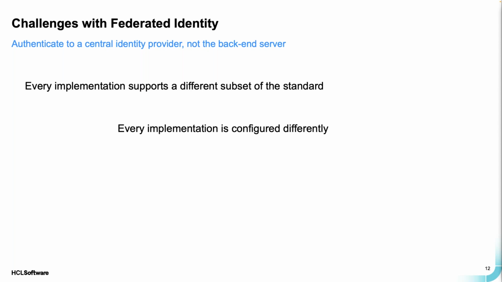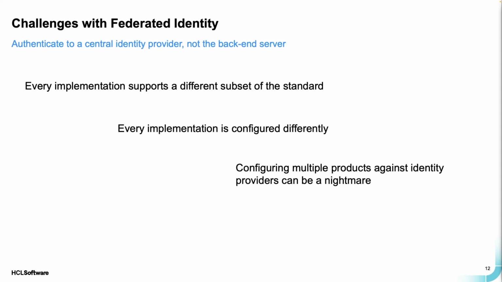But in the best case where all of this works and you can configure federated identity, each implementation supports a different subset of the standard. So you need to hope that you have an intersection between two implementations so you can actually set things up. Each implementation is configured differently, so you might need to refer to 4 different manuals to configure 4 different services in 4 different ways, which makes that configuration a real nightmare.